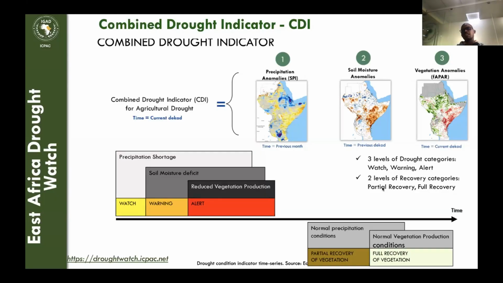Then we finally intersect this with vegetation condition anomaly. The intersection of this now gives the alert phase, which is the most dire phase of drought condition. It means that the rainfall deficit caused shortness in soil moisture, which led to dryness or stress in vegetation condition.